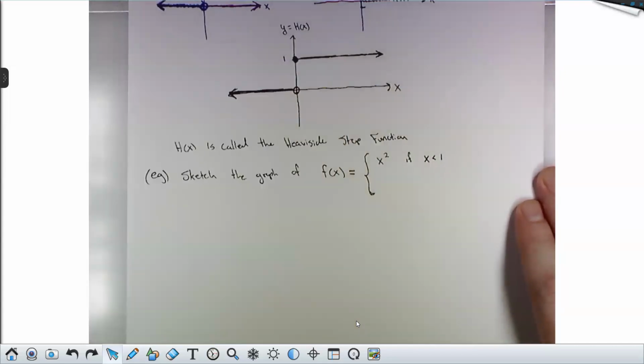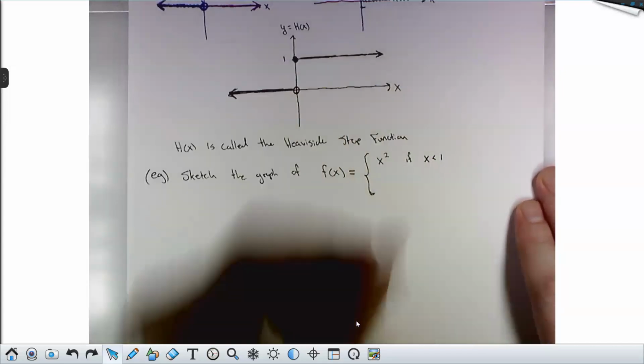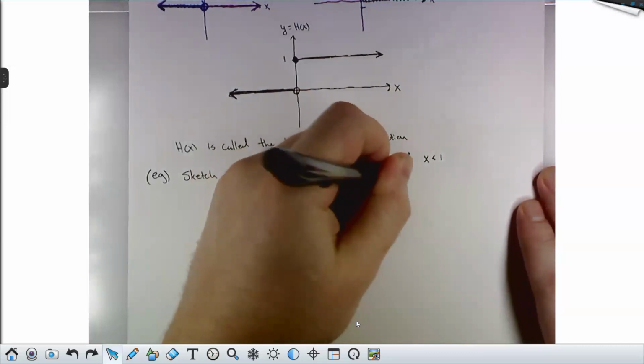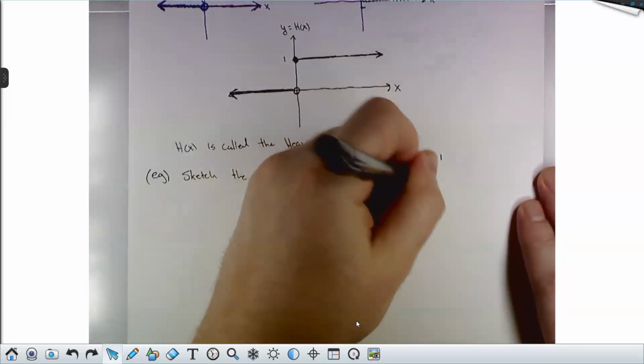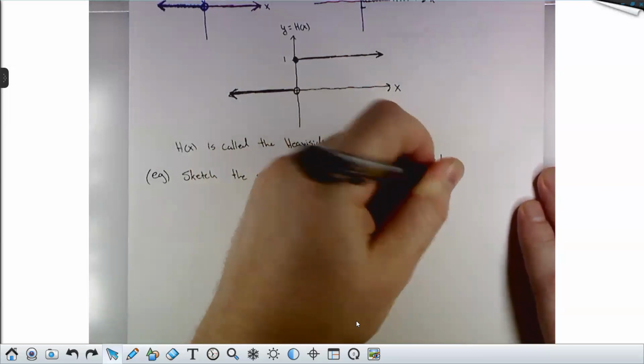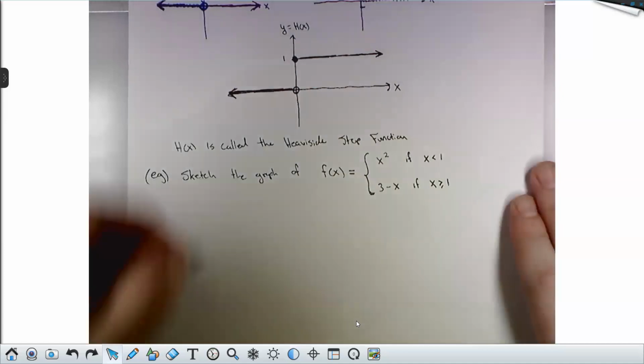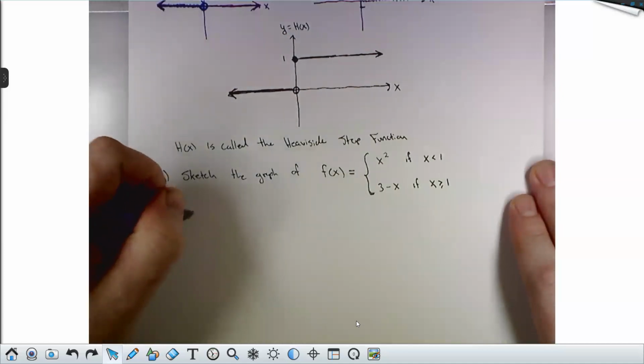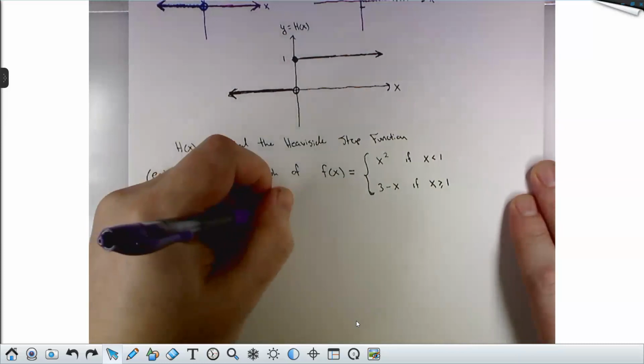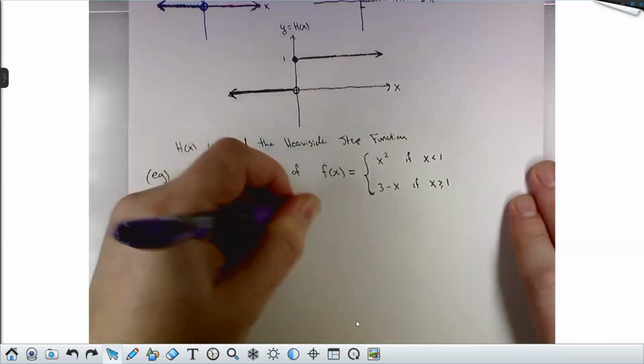And let's make it 3 minus x if x is greater than or equal to 1. So again, sketch two graphs to start. Y equals x squared and y equals 3 minus x.